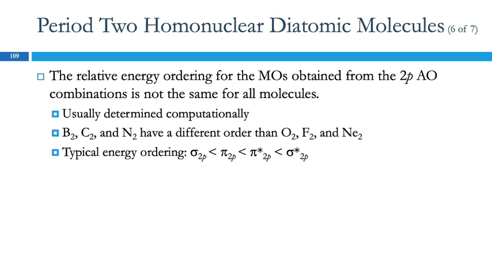Now, the relative ordering of those 2p molecular orbitals is not the same for all atoms. We're going to just look at boron, carbon, and nitrogen have a different order than oxygen, fluorine, and neon do. And I'll tell you how you can remember that these guys are different. The typical thing, which is the oxygen, fluorine, neon thing, is the sigma bonding is the lowest energy, and the sigma star bonding is the highest energy, and then the pi bonding and pi anti-bonding are in between.